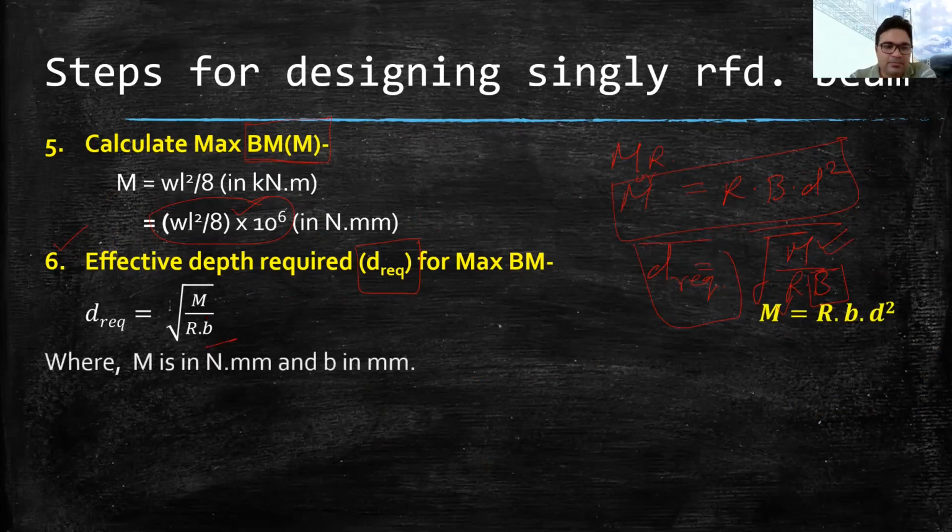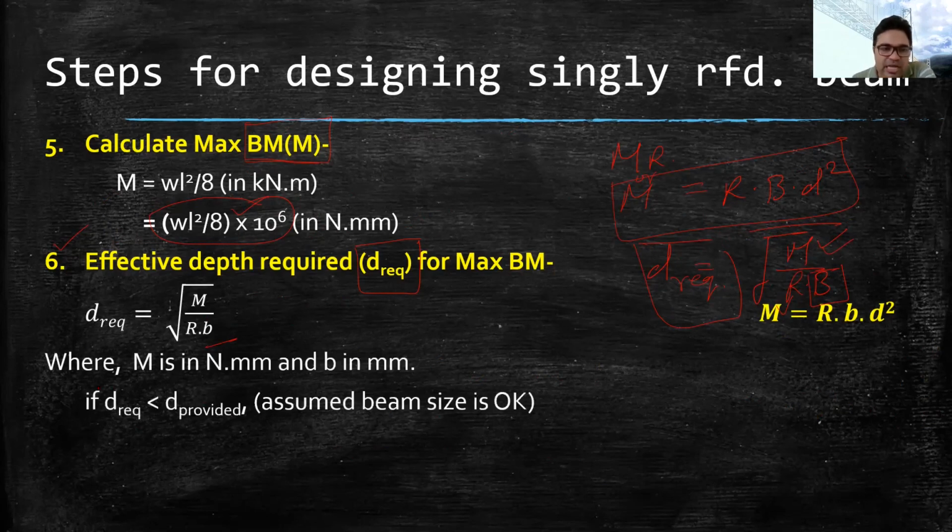And if the value of depth required is less than the provided value, so in the second step we have estimated the value of depth. Now in step 6 we are checking whether the required depth is less than provided depth or more than provided depth. If it is less than D provided, then we will say that the size assumed in the beam will be safe.